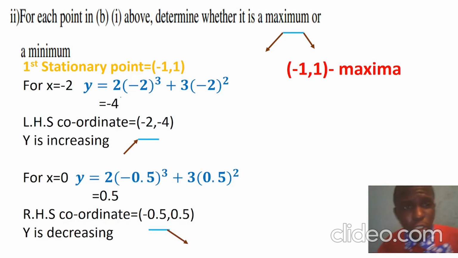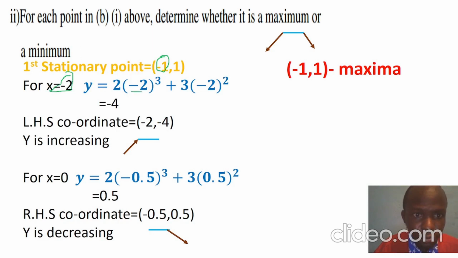We want to see the nature of these stationary points, turning points. I have said it can be minima, maxima, or a point of inflection. So for x, we are going to guess a value that is less than -1, and that is -2.